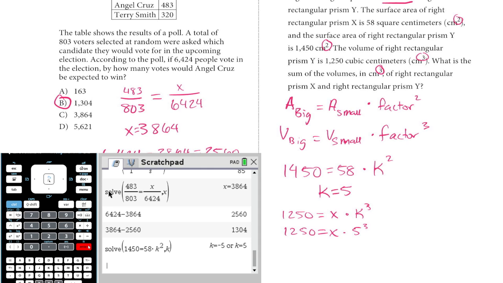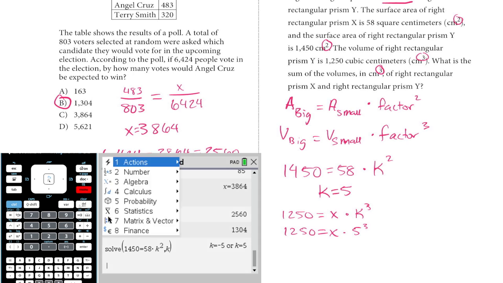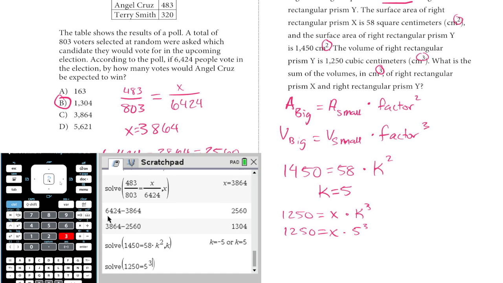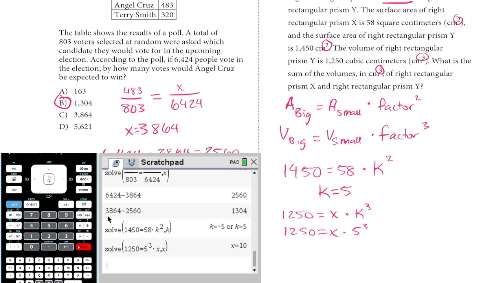And when we type that into the calculator, let's put the 5 in the front. We have another equation, so we are going to solve. So menu 3, 1. And we're going to do 1250 equals 5 cubed X, comma, X. So we get X equals 10.